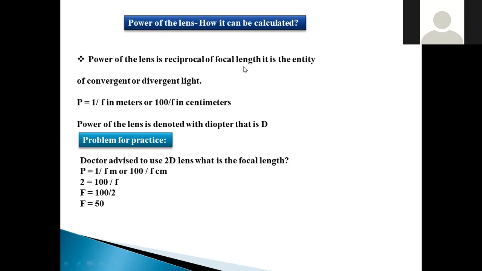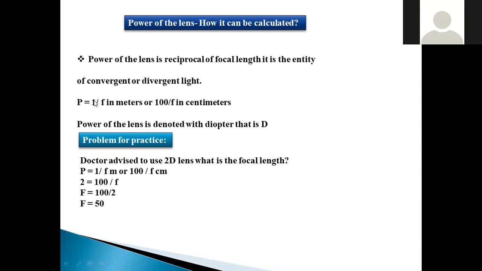The power of the lens is the reciprocal of the focal length. Focal length is the distance between the lens and the point where light converges. When we invert this, that quantity is known as the power of the lens.